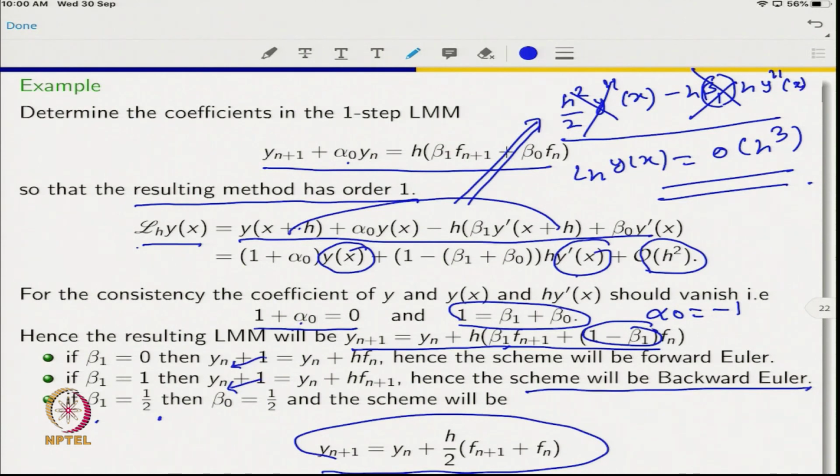Similarly, it is not my aim whether I end up with the explicit method or implicit method, anything is fine. That is why we have kept the term f n plus 1 as well as f n. If our aim is to derive an explicit method, then we would have kept this term with beta 1 as 0, or basically it means that we would not have kept this term at all.